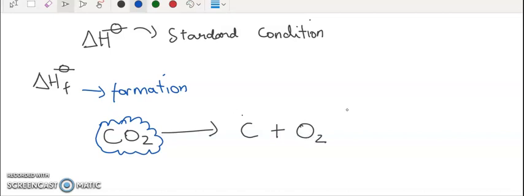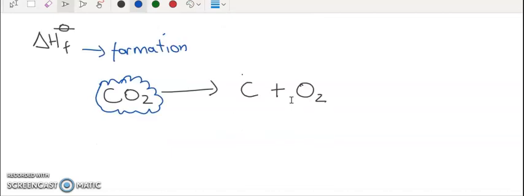Let's look at another example. Let's take carbon monoxide, which is CO. In this, we know it's made up of carbon and oxygen. Carbon in its standard state is C, and oxygen in its standard state is O2.